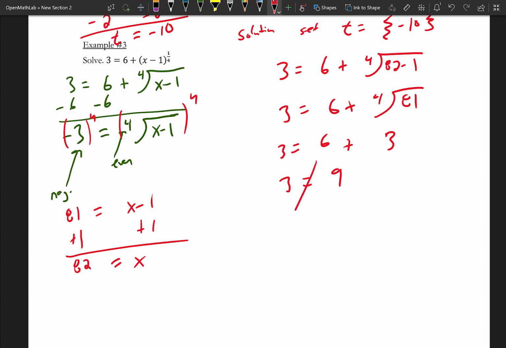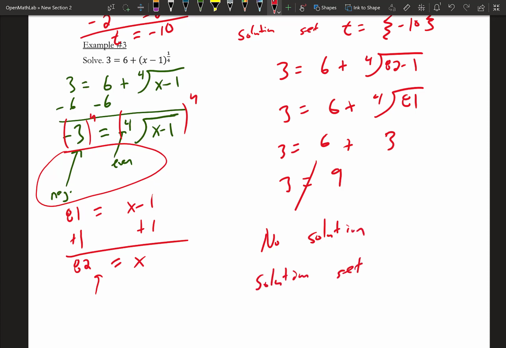I could tell that there's no solution from the earlier point, but if we keep going and plug it in, we only get one potential solution, and that one doesn't check out, so there's no solution. In other words, the solution set is the empty set. Remember, we can also show that with a null symbol, which is a 0 with a slash through it.